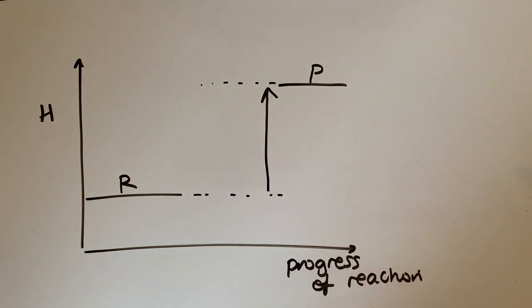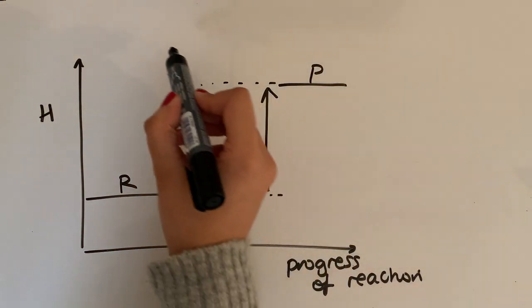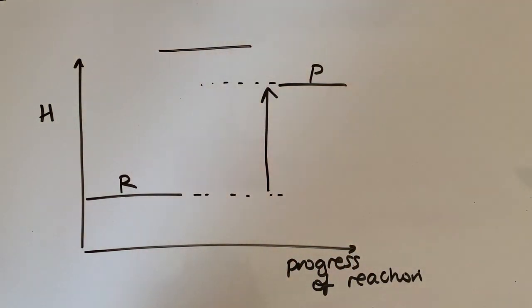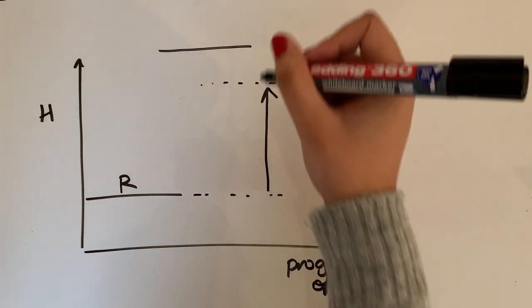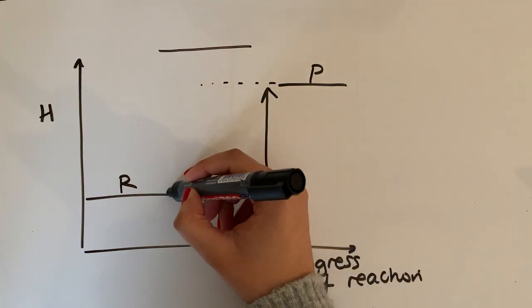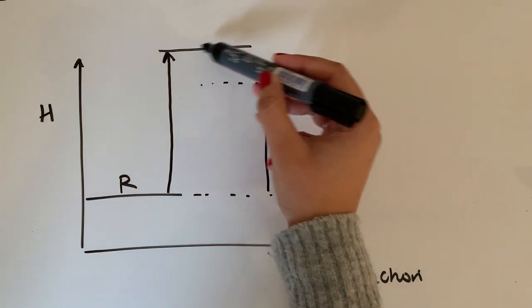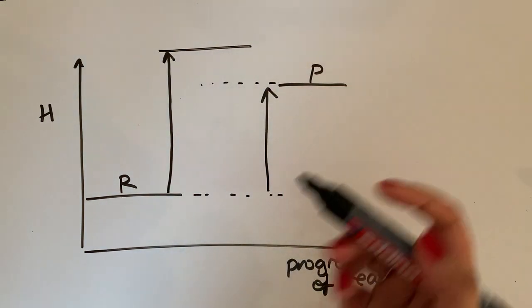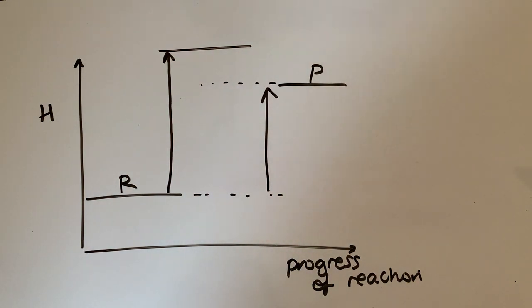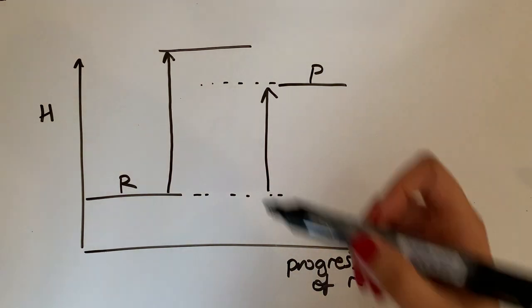So what we have to do is take an indirect route, and it could be that we're given another piece of information. Let's say we're given this value here, so this is our indirect route, so we're going via this over here. Let's just assume that this is some form of intermediate. It's not the reactants, it's not the products, but we are going via this intermediate.